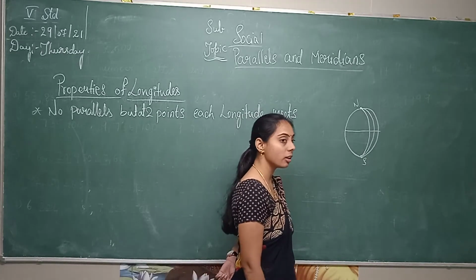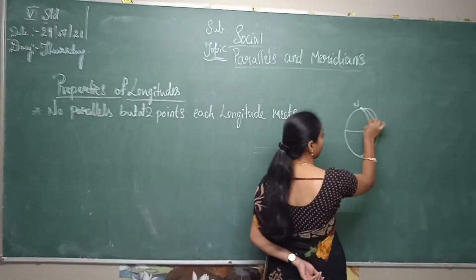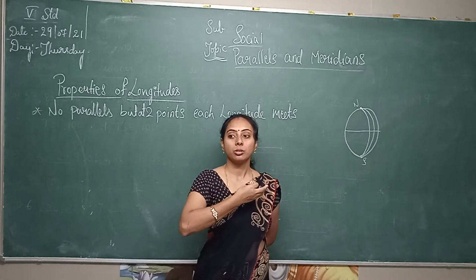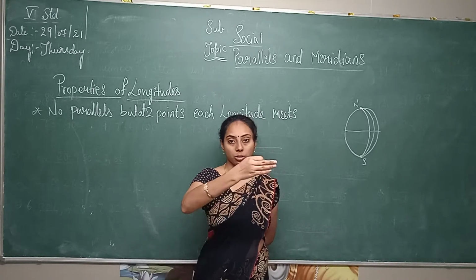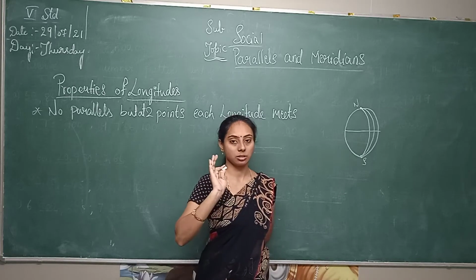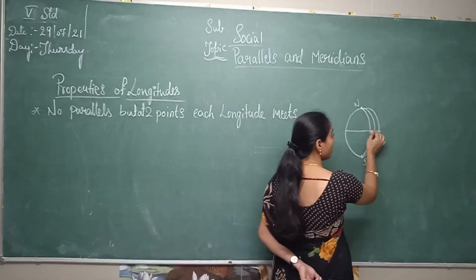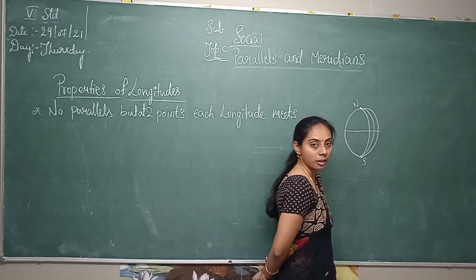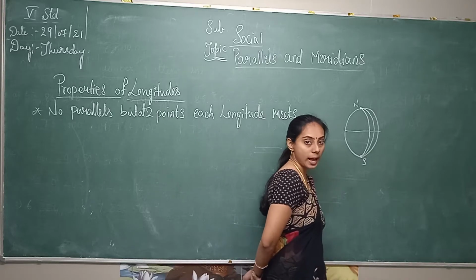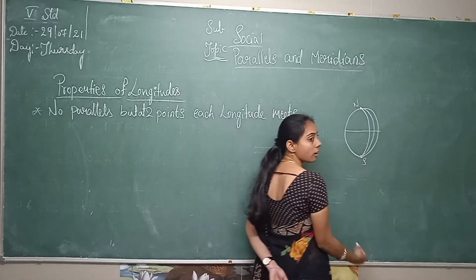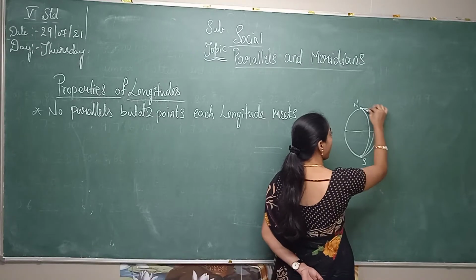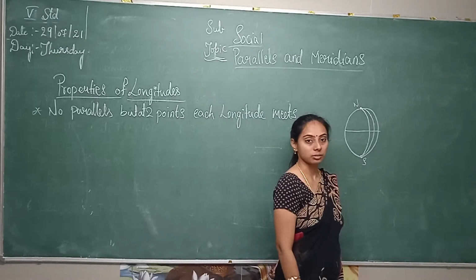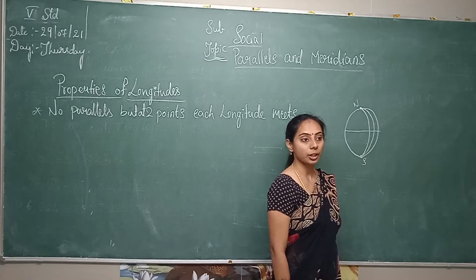Each and every longitude is farthest apart, a long distance, at the equator. As the longitudes move to the North Pole, the size of the longitudes, the gap, is decreasing.